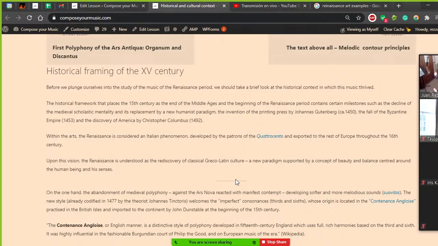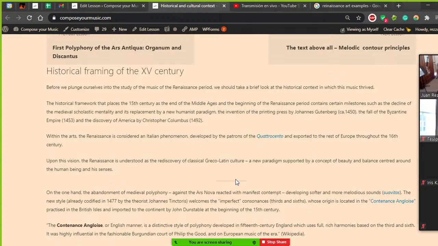The focus on the people and patrons, the birth of the bourgeois. That's why the patrons started: the people who were not in the church, who could pay for art.